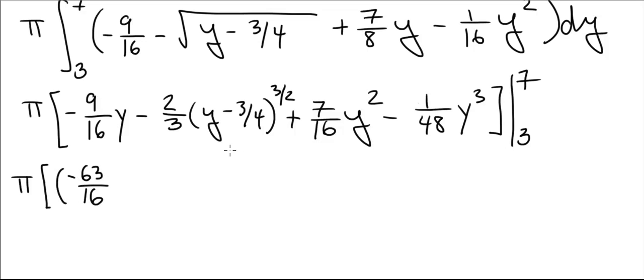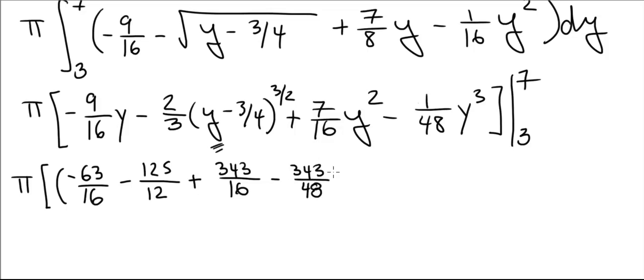Plugging 7 for y in here, that gives us 28 over 4 minus 3 over 4, 25 over 4. Take the square root of that, we get 5/2. Cube that, 125 over 8 times minus 2/3, that's minus 125 divided by 12, plus 343 over 16 minus 343 divided by 48.